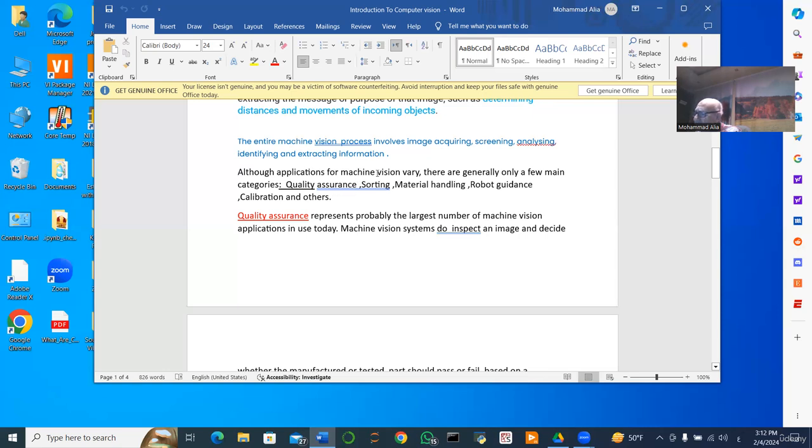Of course, we can find the area of sorting or classifying the elements, particles, which exist within the image for recognition and matching, and also machine vision is widely used in material handling and assembling activities in the factories and robot guidance.